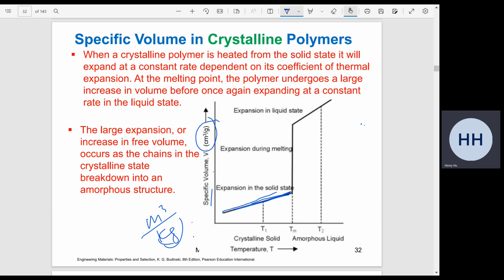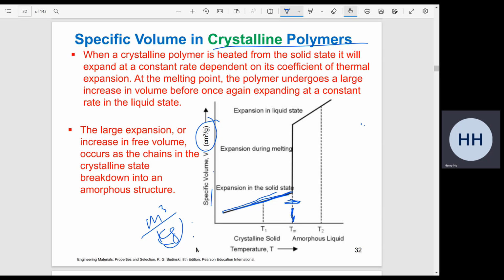Then once you pass this melting temperature, the crystalline polymer will increase in volume significantly, with the fixed weight. So again, it has some similarity to the metal.